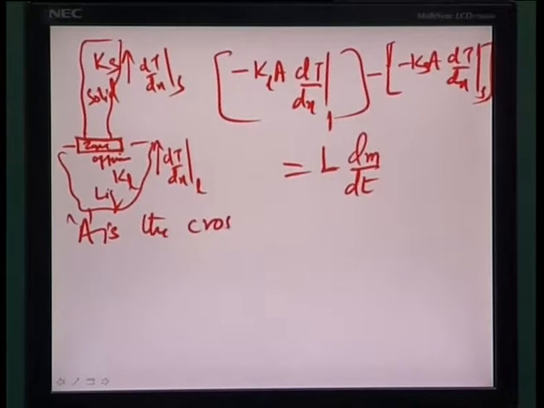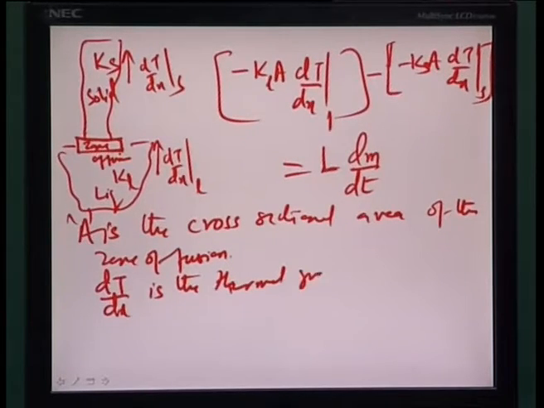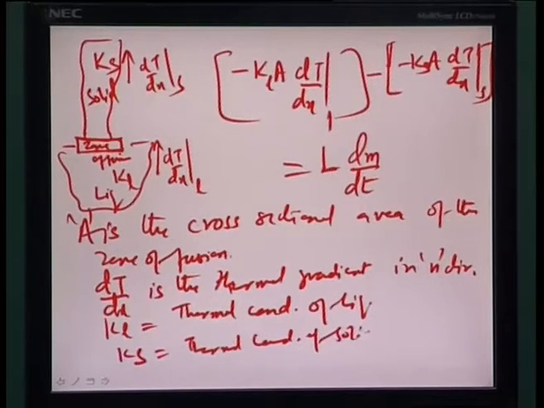Let me just write this down. So, A is the cross sectional area of the zone of fusion, and dT by dx is the thermal gradient in n direction. Kl is the thermal conductivity of liquid, Ks is the thermal conductivity of solid.